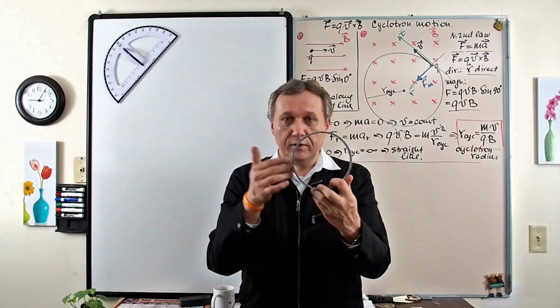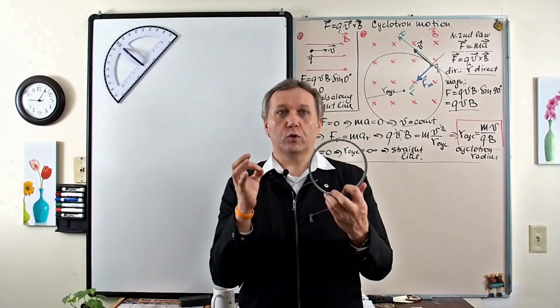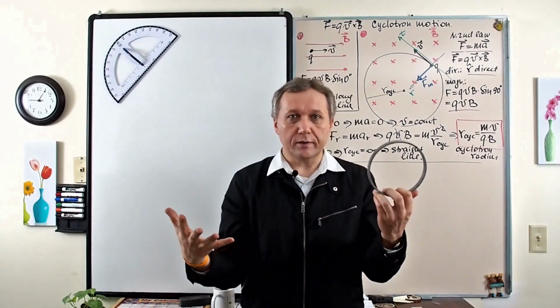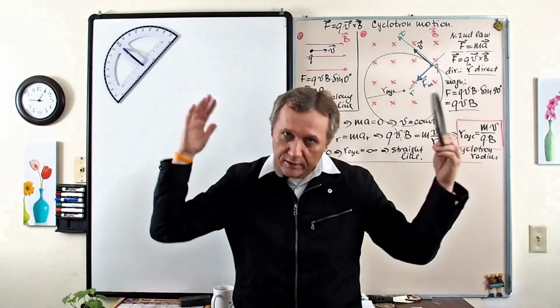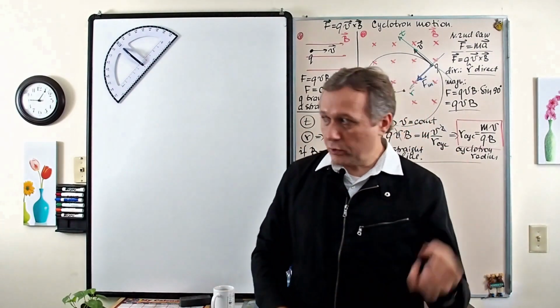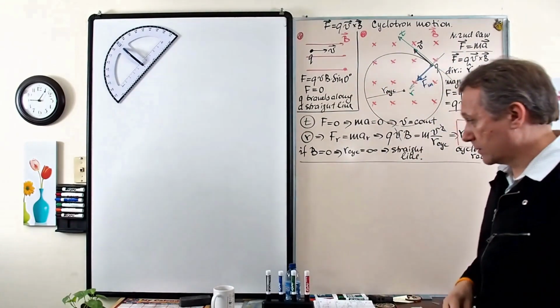Circumference divided by the speed. Because the key word is we have uniform motion. Uniform means constant speed. It doesn't matter how complicated your trajectory is. If you want to find the travel time, it is the total distance divided by that constant speed. Because the motion is uniform, and that's what we have here. We have uniform circular motion, right?